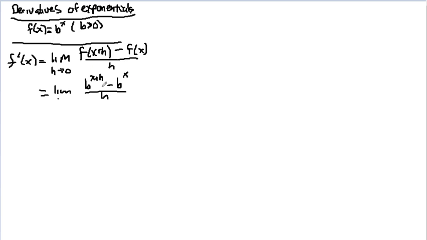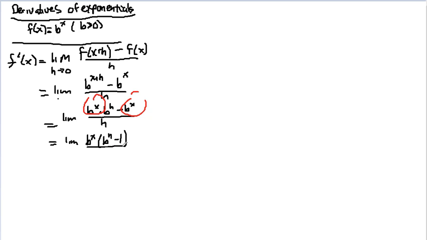Okay, I'm going to use my rules of exponents here to say that this is equal to the limit of b to the x times b to the h minus b to the x all over h, which equals the limit. Oh, look, I can factor a b to the x out of both of these. So that's equal to the limit of b to the x times b to the h minus 1 all over h.